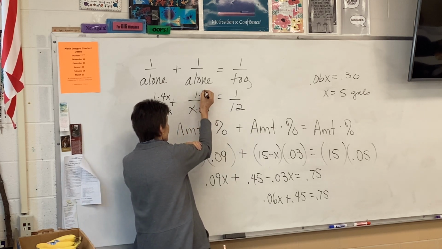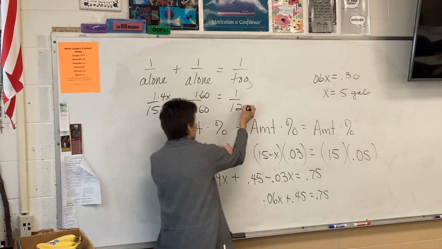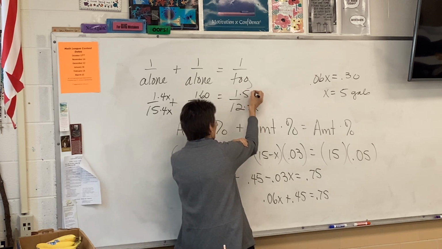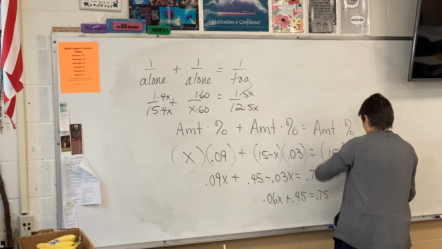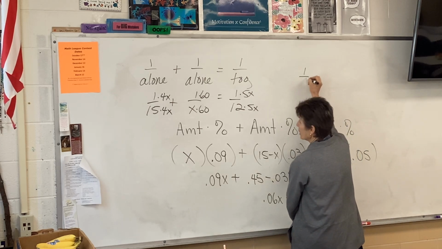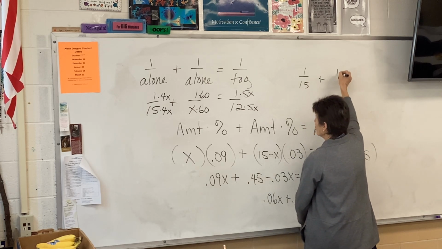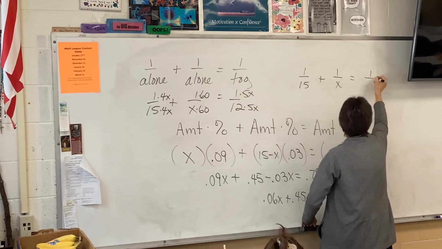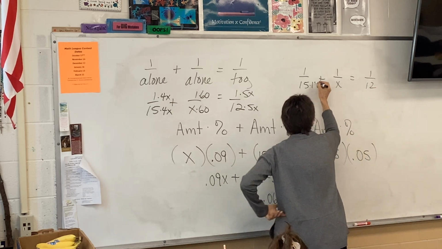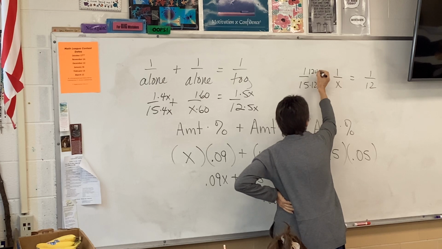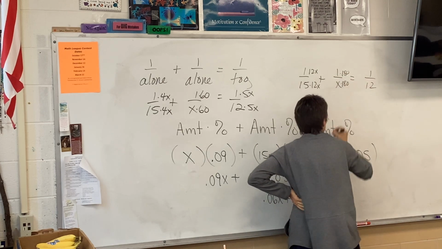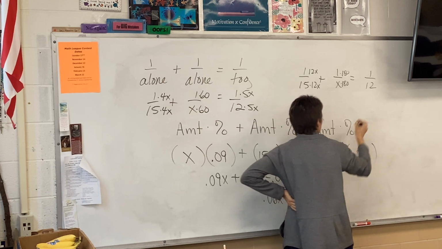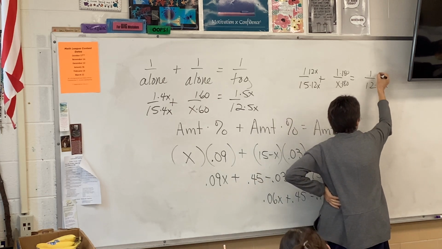And then 60, and then 5x. But again, there is nothing wrong with saying, okay, I'm gonna multiply this one by 12x, this one by 180, I think that's 12 times 15, and this one by 15.